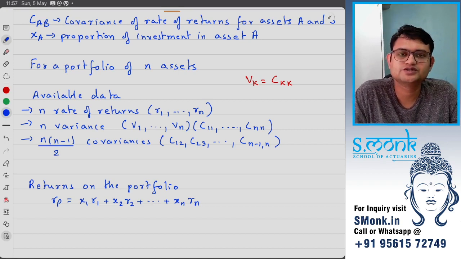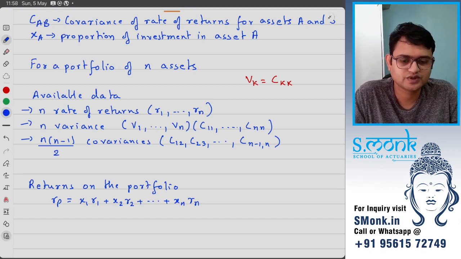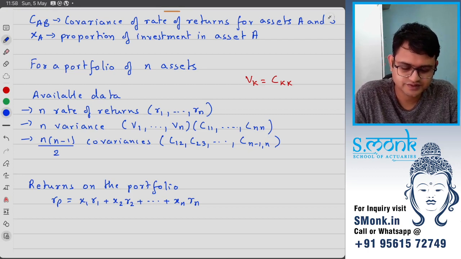This is just an average of all returns. Because I invested x1 amount in r1, x2 amount in r2, and so on, this just becomes a weighted average.